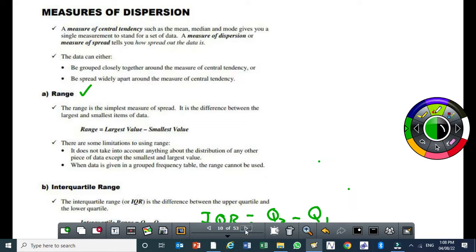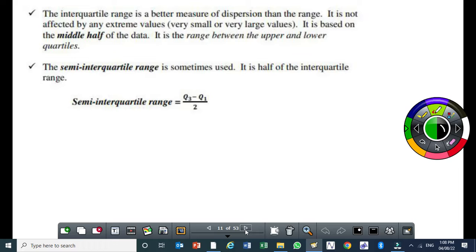This one is very important because it is not affected by extreme values, or outliers. Extreme values in a data set are values that are out of the normal. For example, you write a test, most people get marks up to 70%, and then only one person maybe gets 90%.